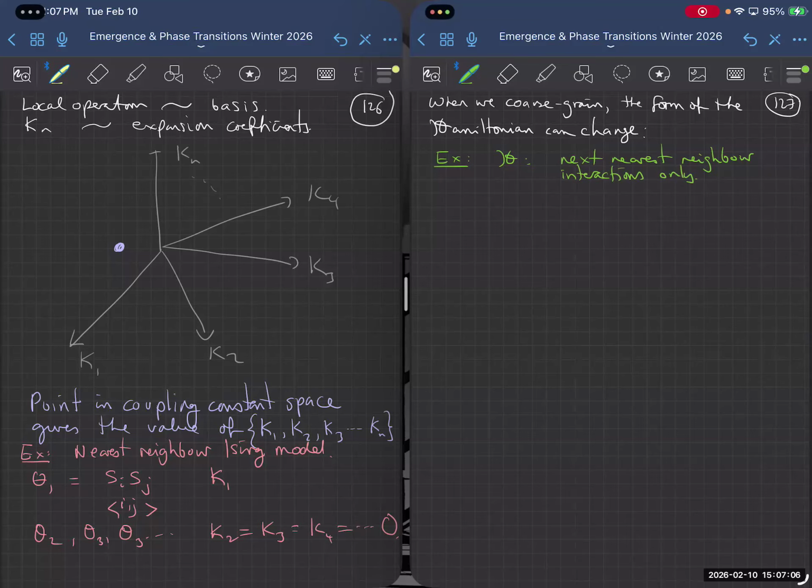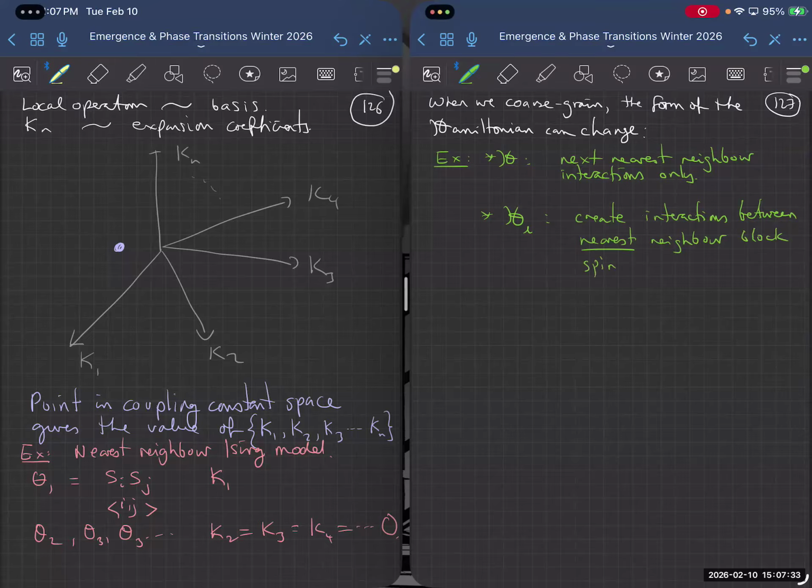And then what would happen is if I coarse grained this up to some scale, L, then I would create interactions between nearest neighbor block spins.